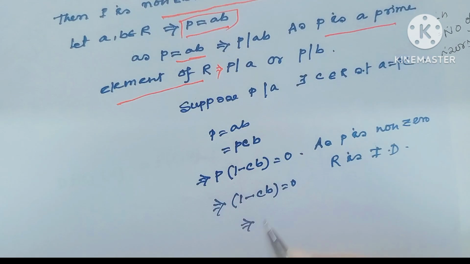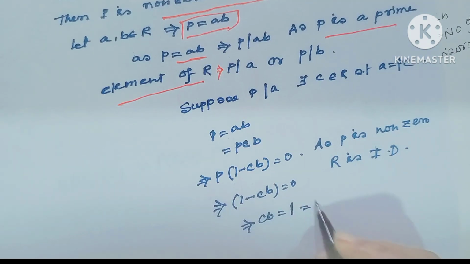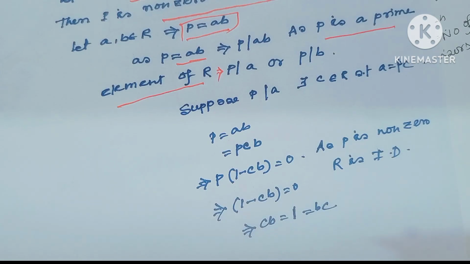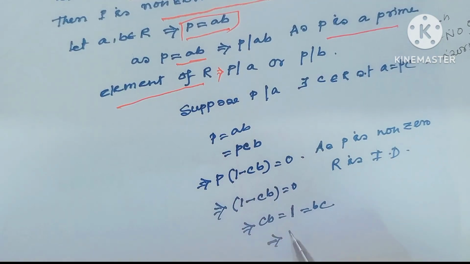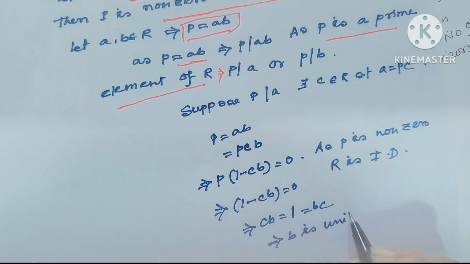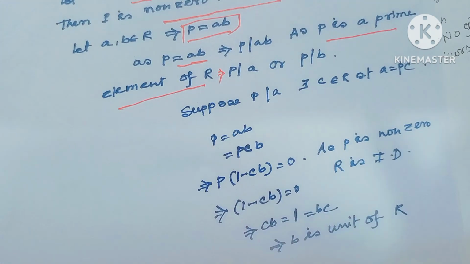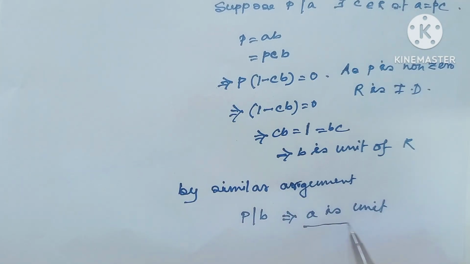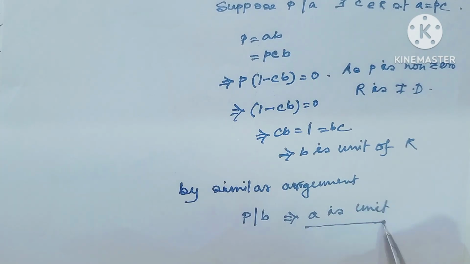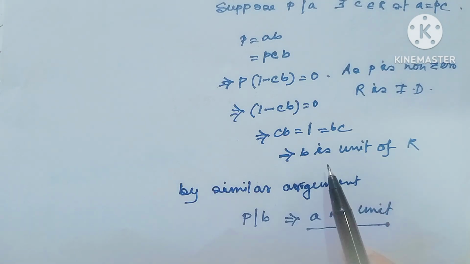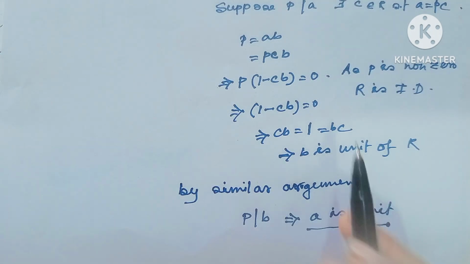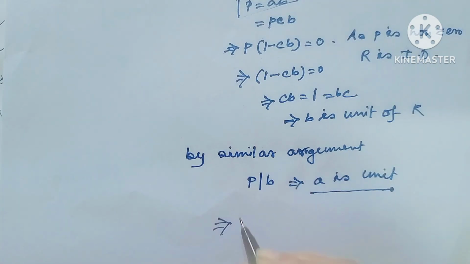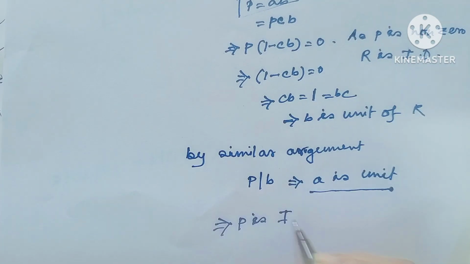That implies b is a unit of R. By a similar argument, if p divides b, then a is a unit element. Since either b is a unit or a is a unit whenever p equals ab, p is an irreducible element.